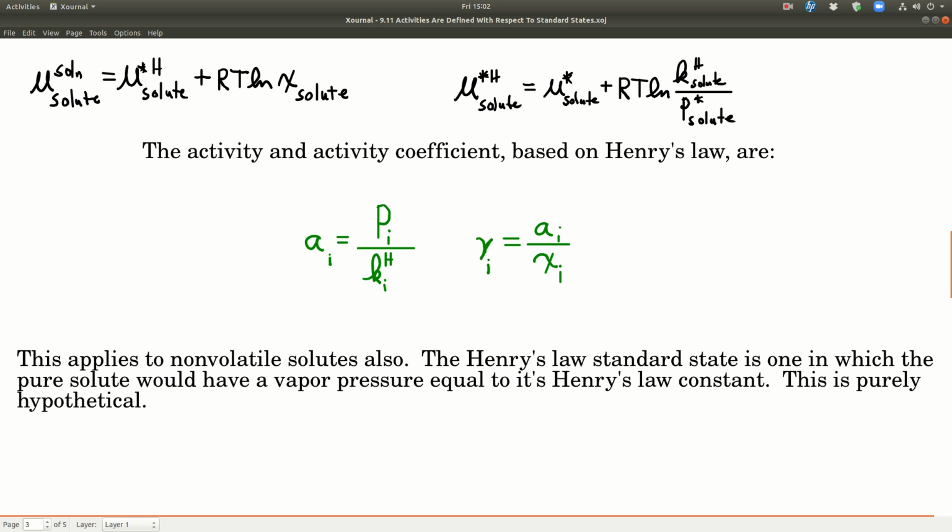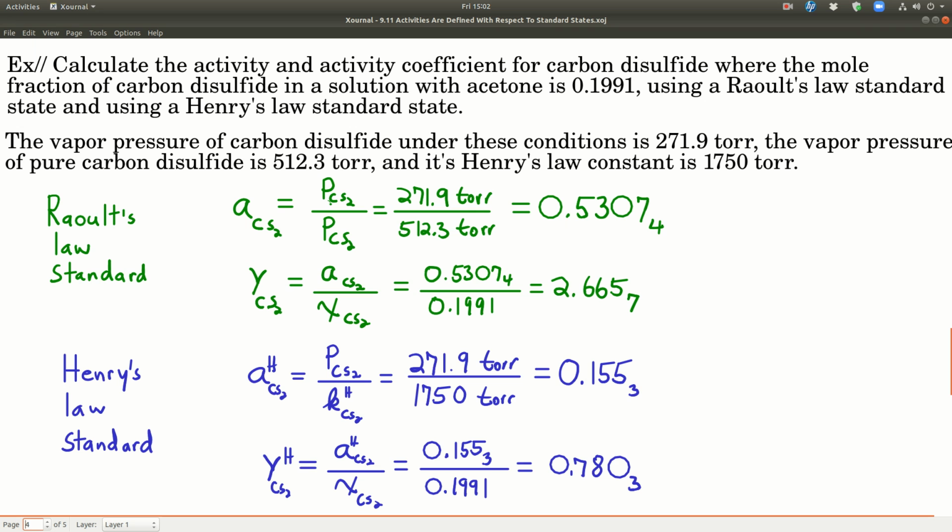So the Henry's law standard is one where the pure solute would have a vapor pressure equal to its Henry's law constant, and that's purely hypothetical. There's no real life analogy to that, it doesn't really happen.